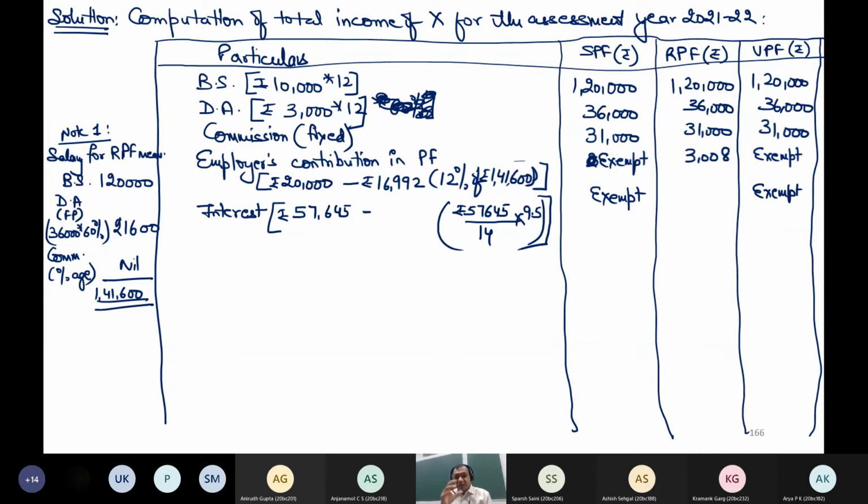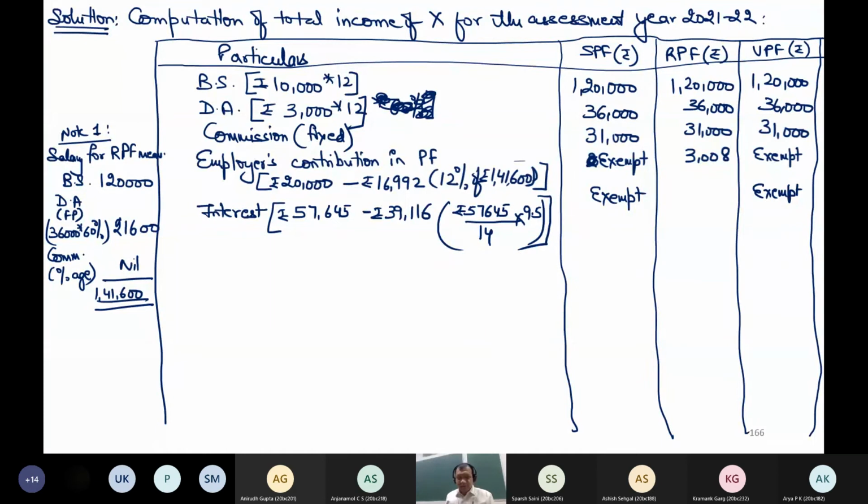So you will get the interest income assuming the interest rate is 9.5%. 57,645 divided by 14 into 9.5 is rupees 39,116. This is the interest income which is exempt if this provident fund is RPF.